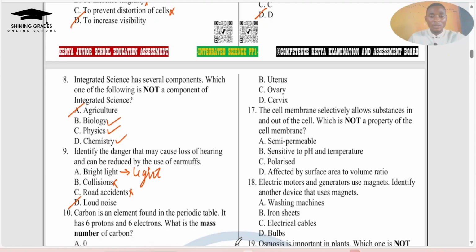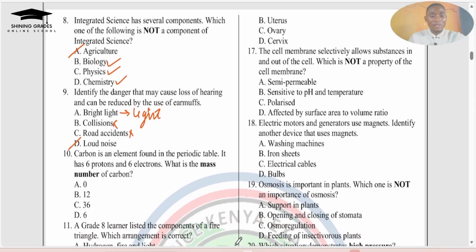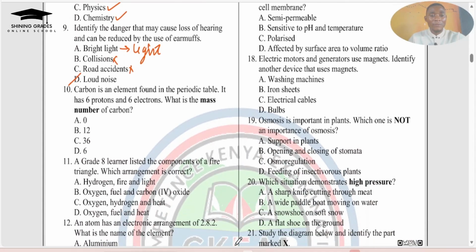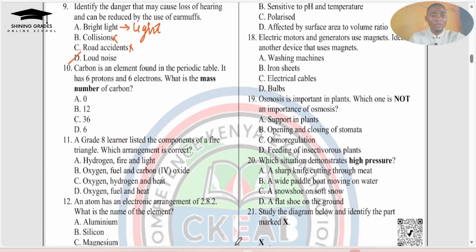Question 10. Carbon is an element found in the periodic table. It has 6 protons and 6 electrons. What is the mass number of carbon? You need to understand that to obtain the mass number, we need to take the sum of protons and neutrons.